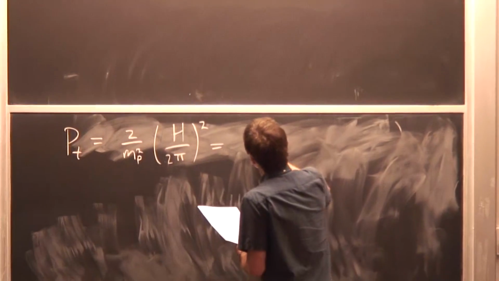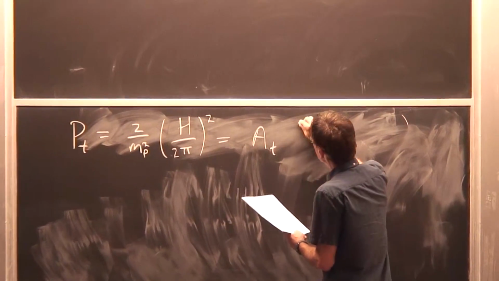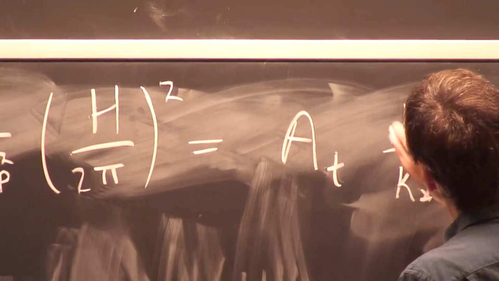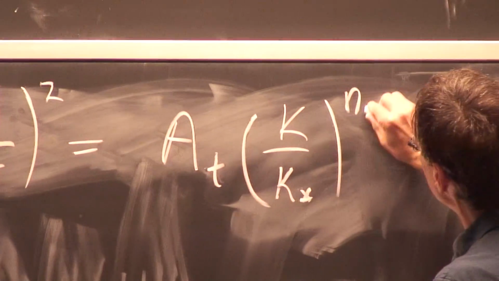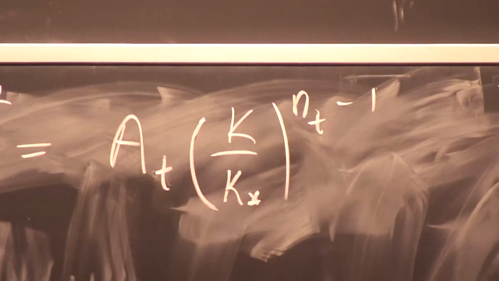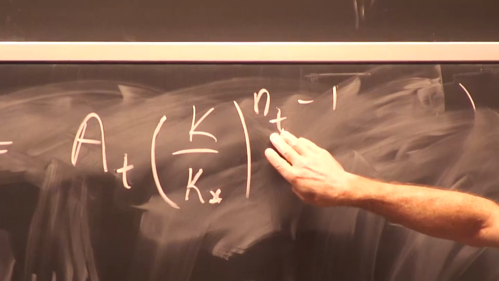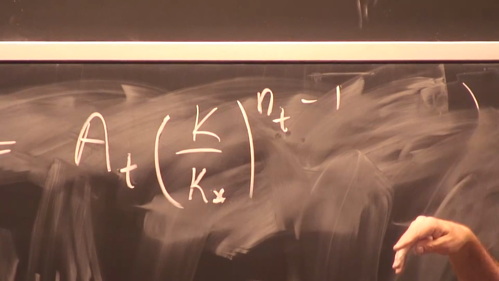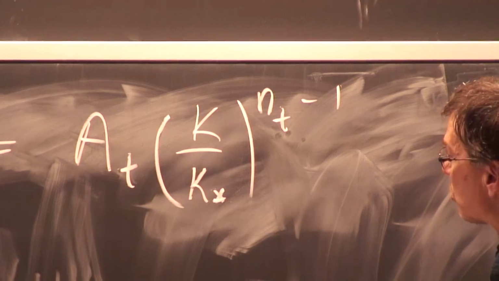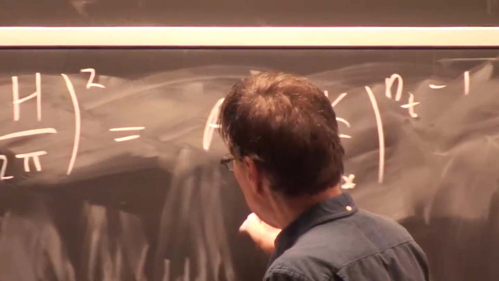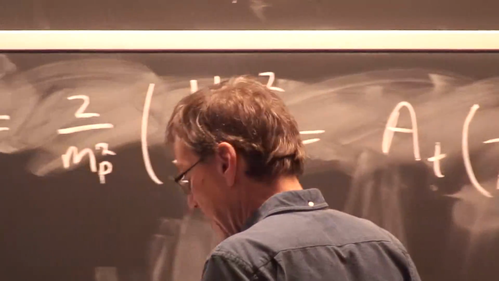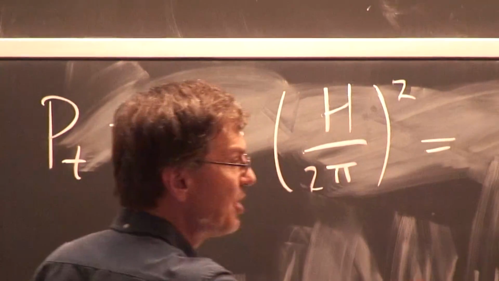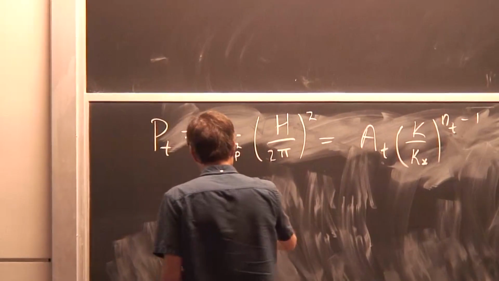And similarly to the scalar spectrum, it's parametrized in just the same way, but it has its own spectral index, which one can compute in slow roll inflation. And it has its own amplitude. And well, we see what the amplitude here is, and we can compare.